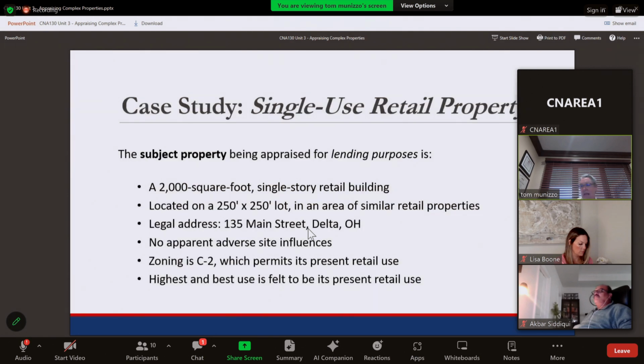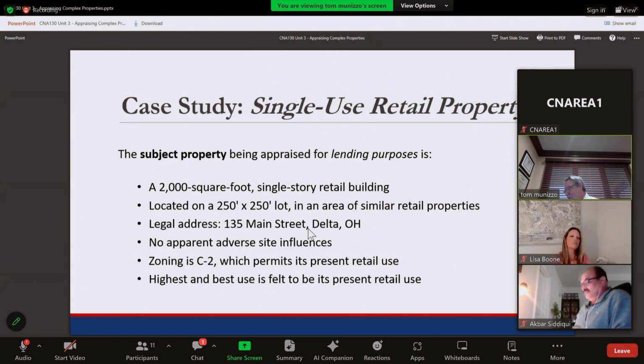So here's our case study on page 80. We have a nice 2,000 square foot, single story retail building, located on a 250 by 250 foot lot in an area of similar retail properties. It doesn't have any adverse site influences.